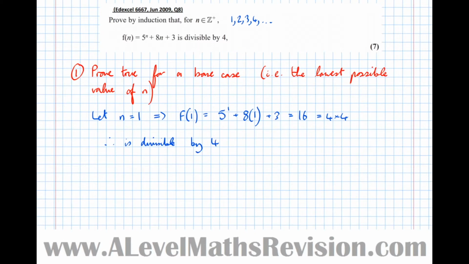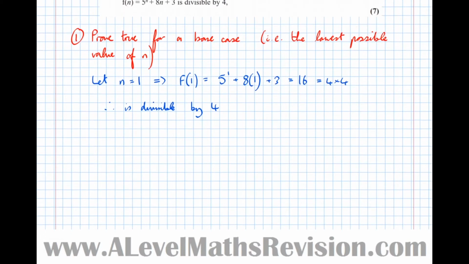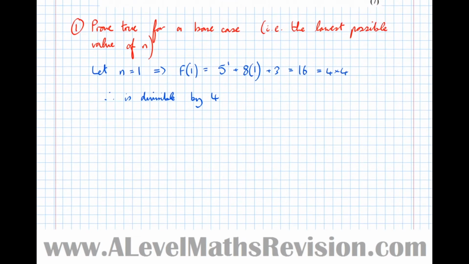Now at the end of each step we've got to conclude properly. So everything I'm writing in blue here is necessary to get all the marks in the exam. You might think that it's going a bit overboard, but I 100% guarantee you need to write this to get the marks. So therefore is divisible by 4.